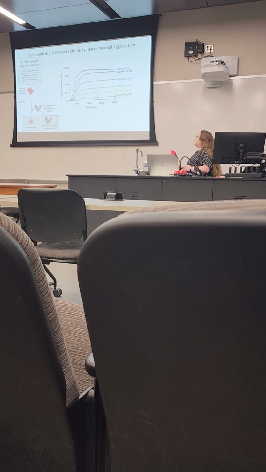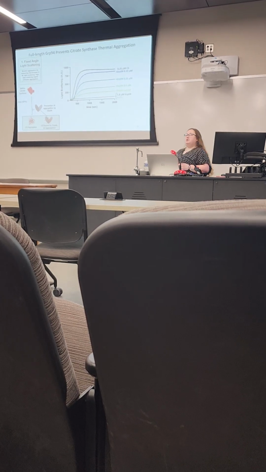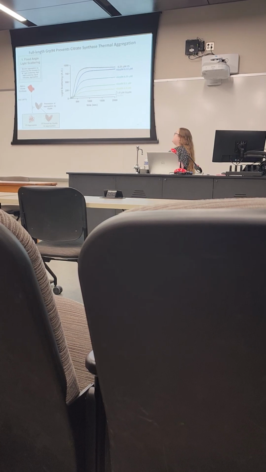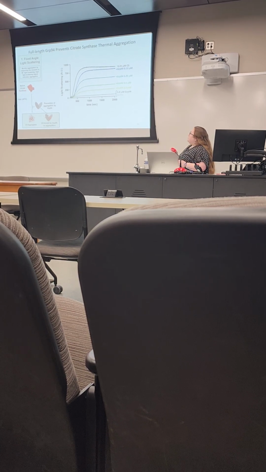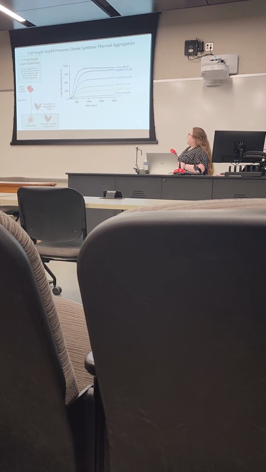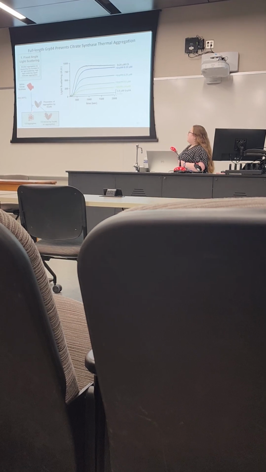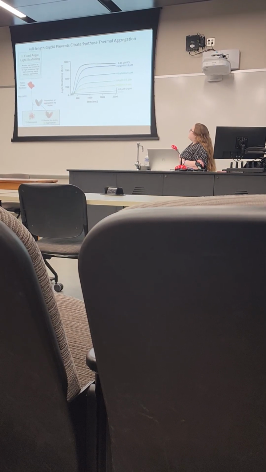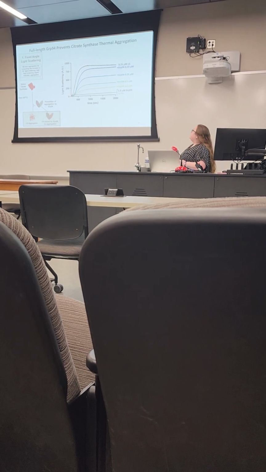So we carried out our fixed angle light scattering assays to monitor the amount of light scattered, or the amount of aggregation of citrate synthase. So native citrate synthase was heat denatured at 45 degrees Celsius, either in the absence or presence of GRP94, and the subsequent light scattering signal was measured.